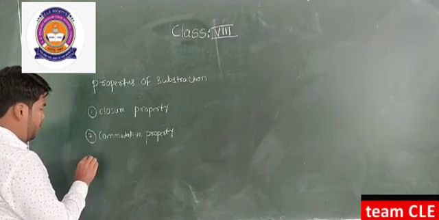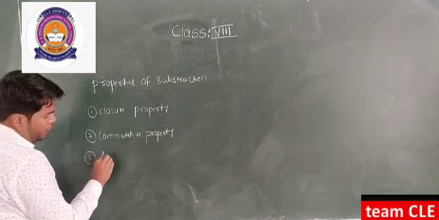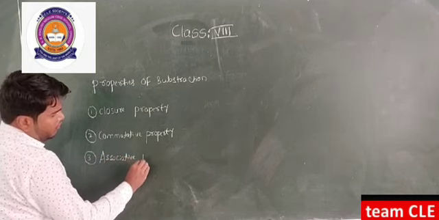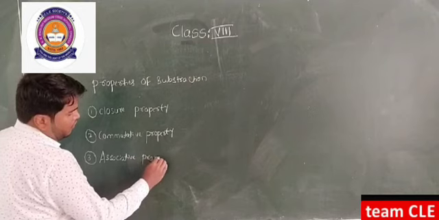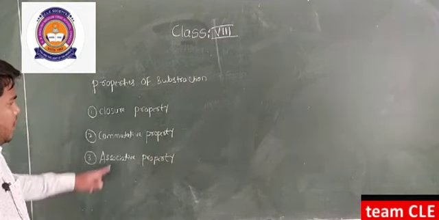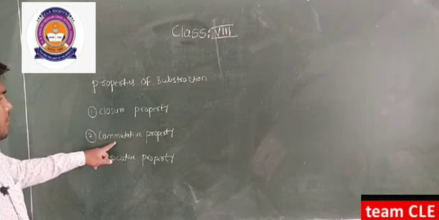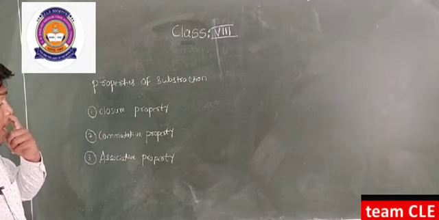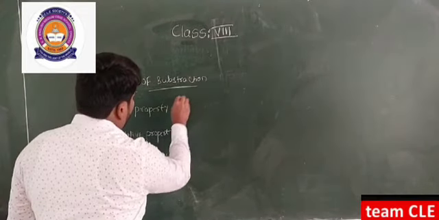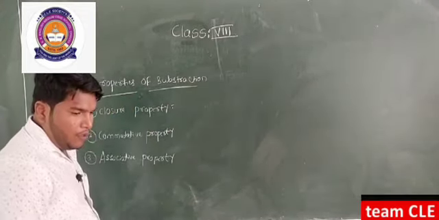And third one, we have the associative property. So three properties you need to verify for subtraction: first the closure property, second the commutative property, and third the associative property. One by one we will study.